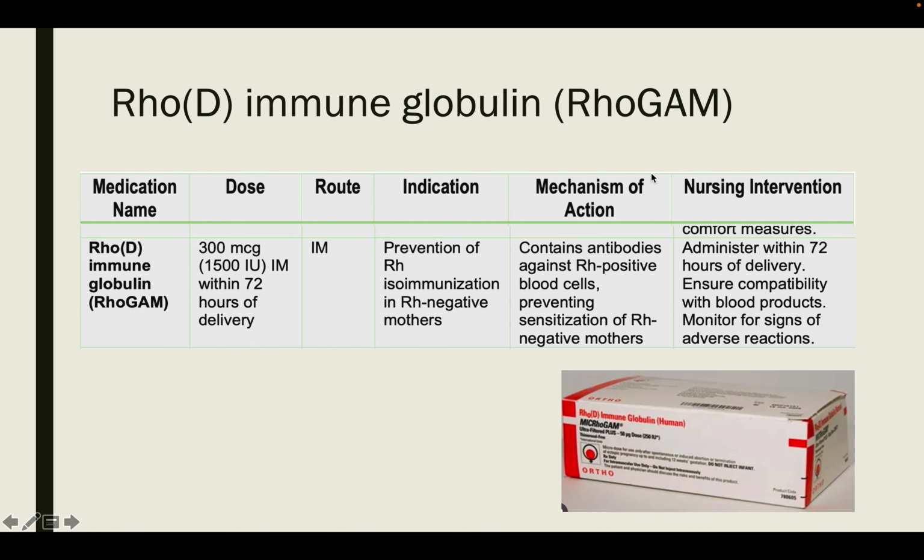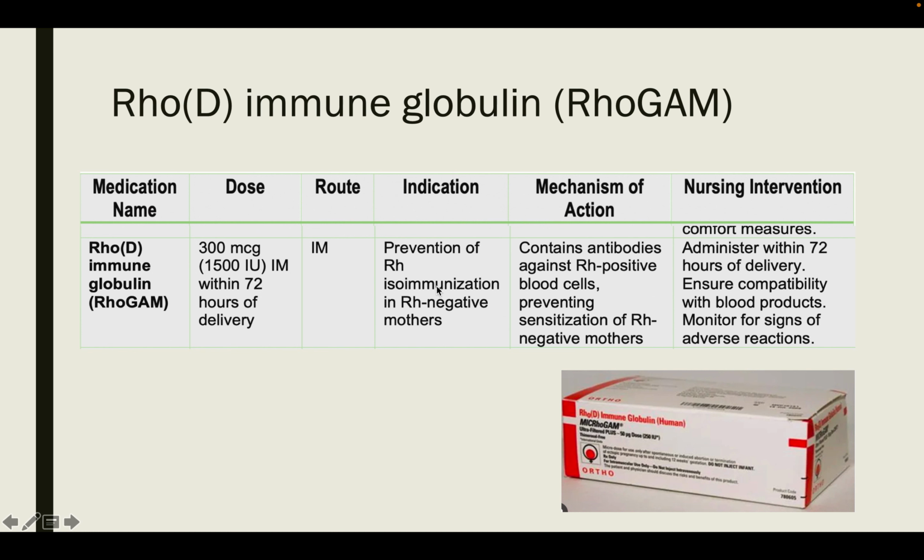Naloxone, Narcan, and the RhoGAM, which is immunoglobulin. I'm sure you also talked about it in your presentation and probably in the lecture with the professors. It's given as an IM injection starting from 28 weeks of gestation. The first dose will be given during that time, and then 72 hours after delivery.